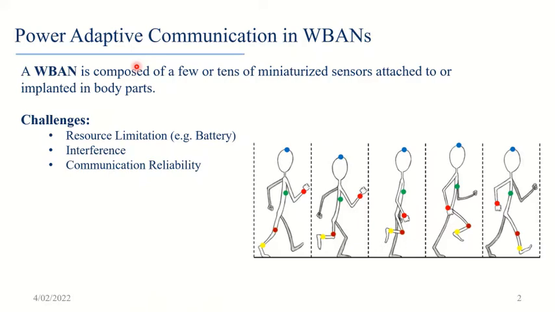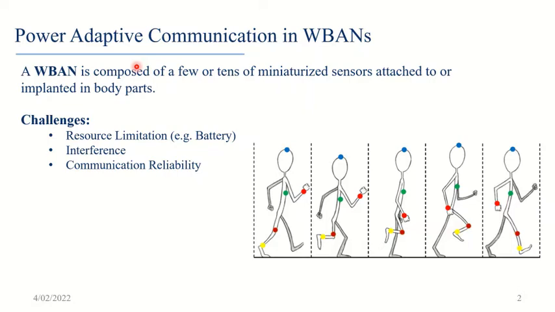There are three important challenges when it comes to designing a communication protocol for WBANs. The first challenge is resource limitation, and that's because of the very tiny size of the sensors. For example, if a sensor is going to be implanted into body parts, it usually needs to be designed very small, and that means the battery capacity would be very small.